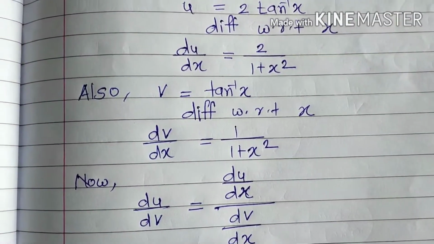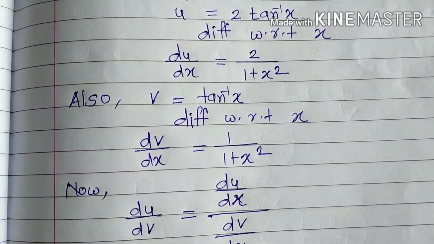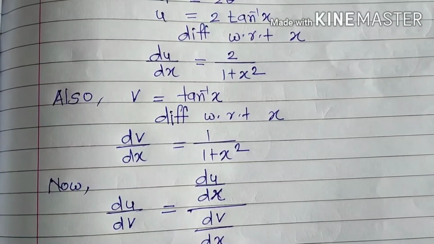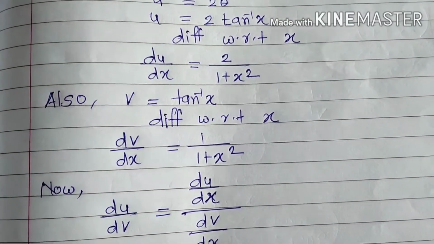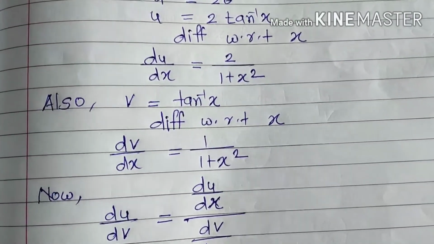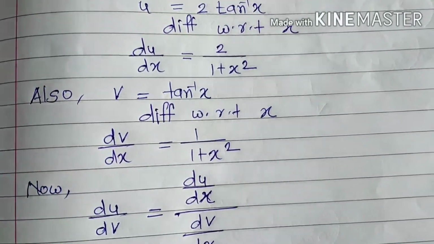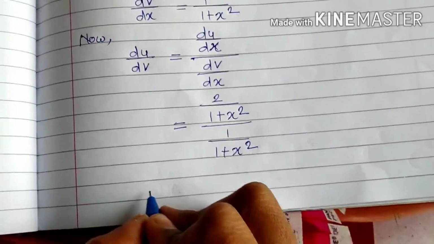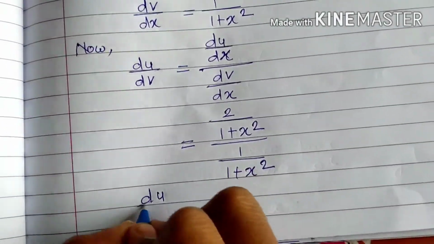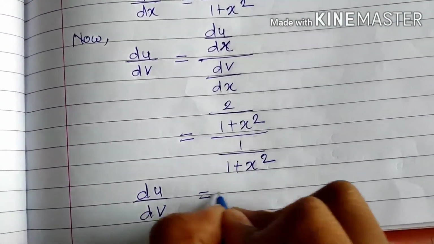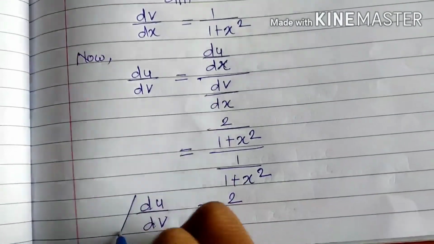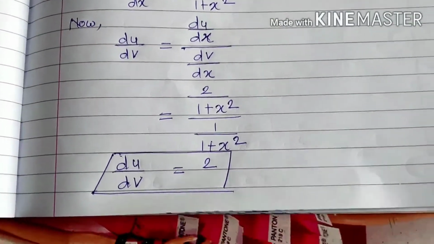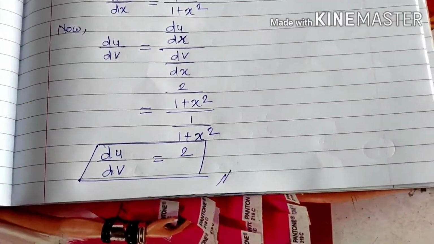Put the value of du upon dx, which is 2 upon 1 plus x square, and value of dv upon dx is 1 upon 1 plus x square. After cancelling we get only du upon dv is equal to 2. This is your answer.